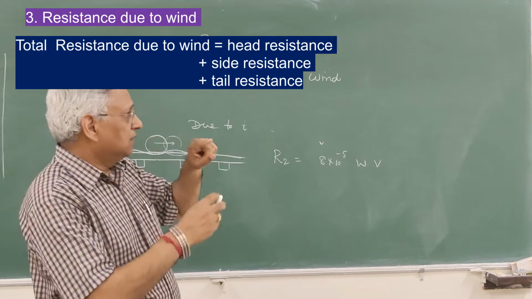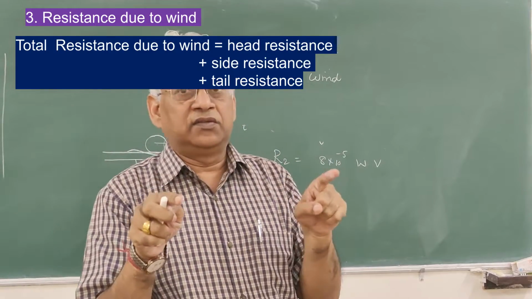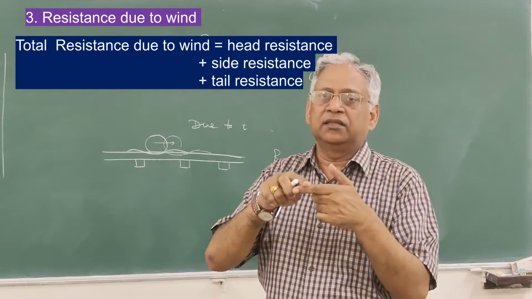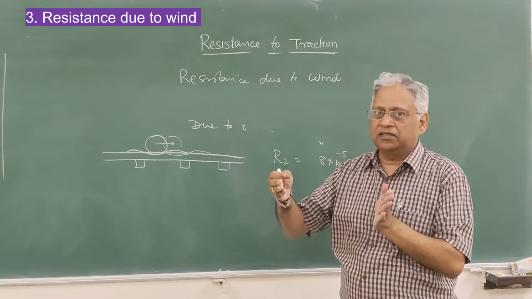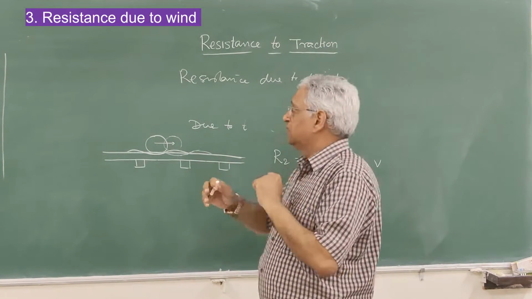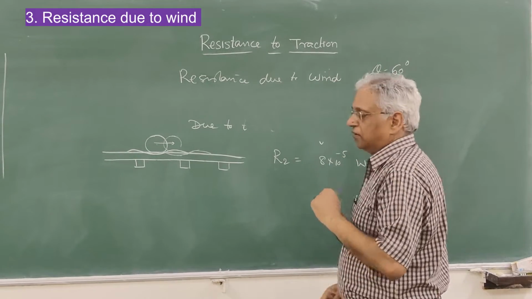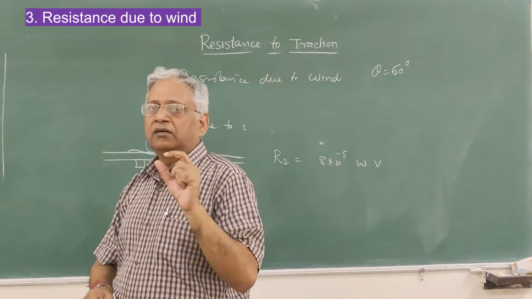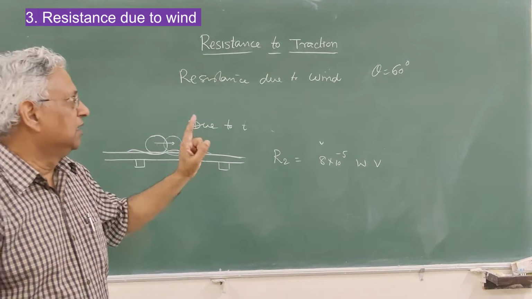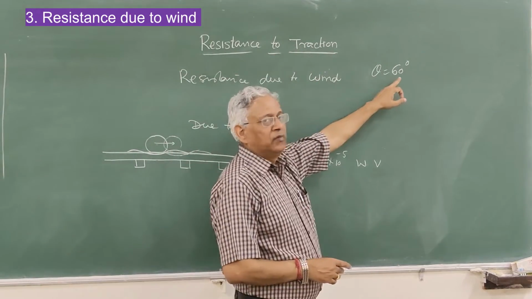And the sum of these three resistances, head resistance, the tail resistance and the side resistance, is maximum when the wind blows at an angle of 60 degrees to the direction of the movement of the train.